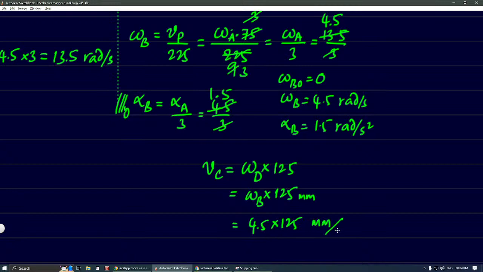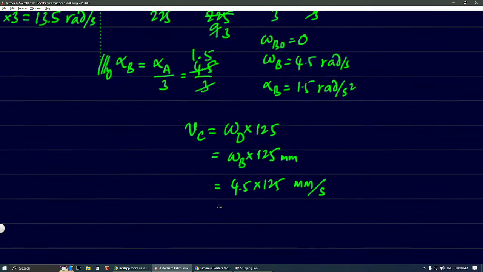This will be mm per second, no? 562.5 mm per second. Okay. This is the final velocity of C. Initial velocity of C will be 0 because it is starting from rest.